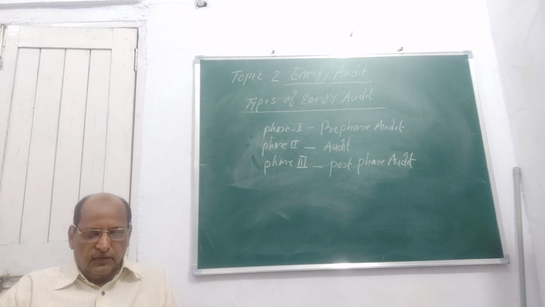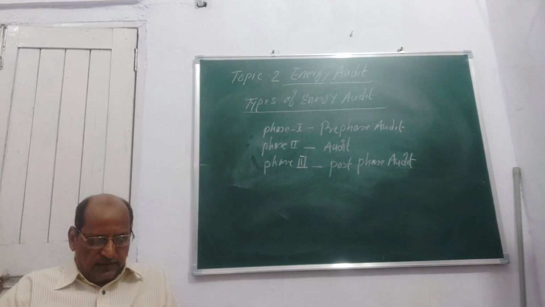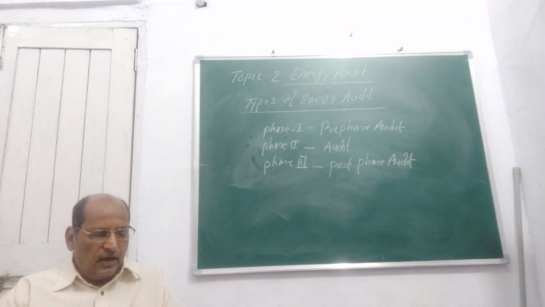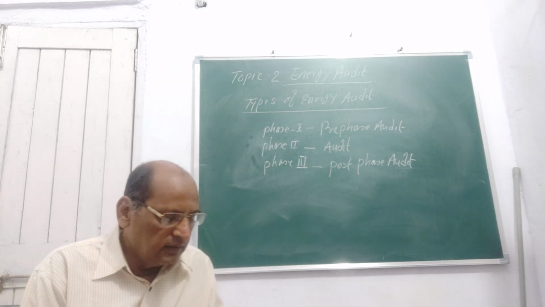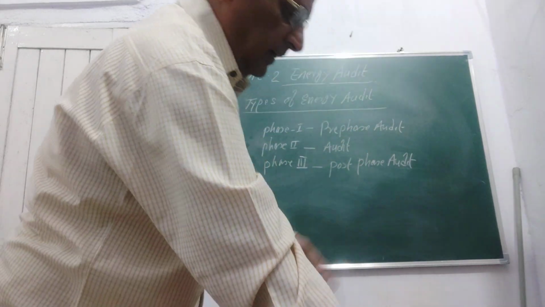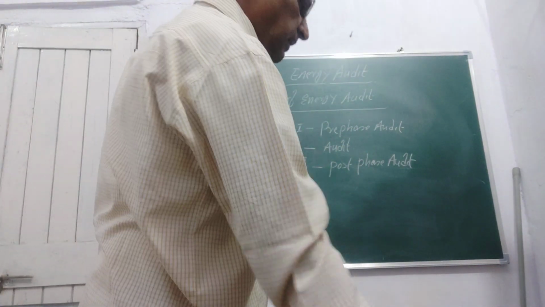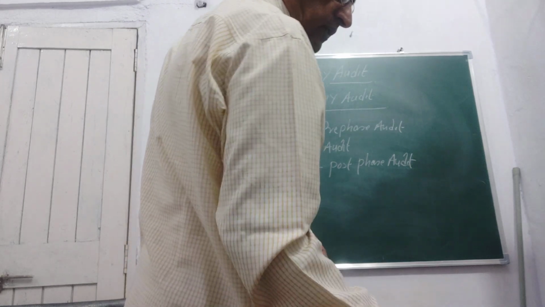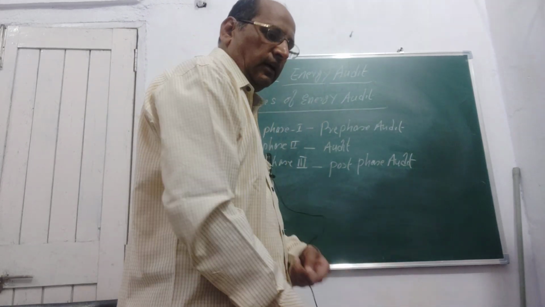Walk-through audit means you have to visit the installation and find out the basic data required for audit. So here the audit is classified further according to the book and the content of your syllabus.